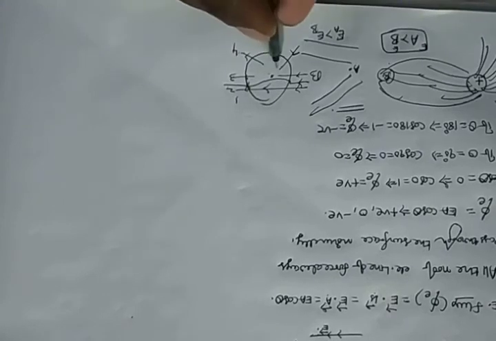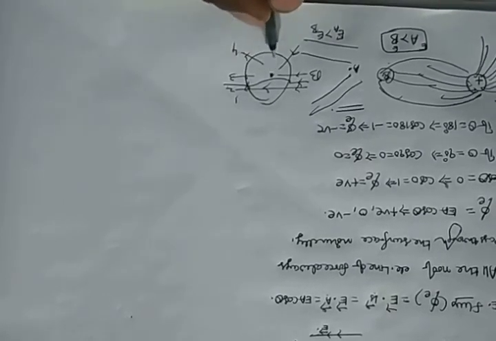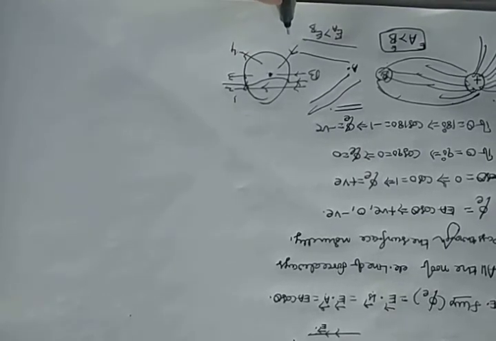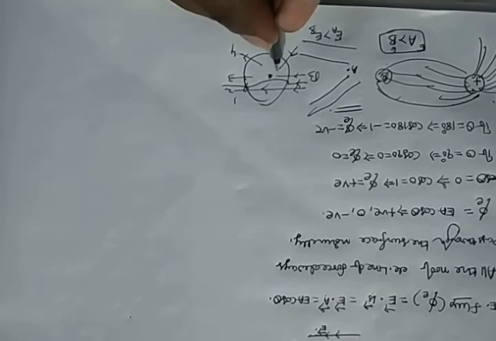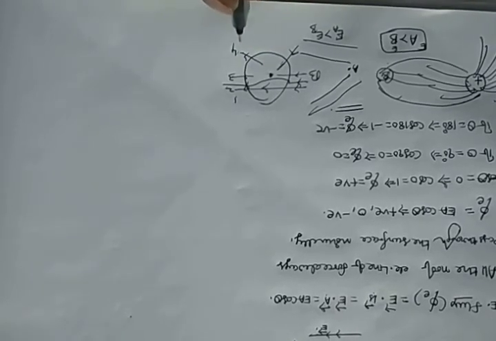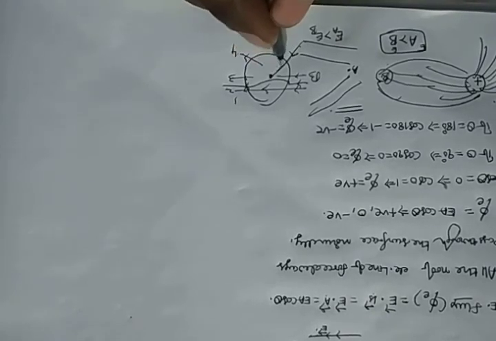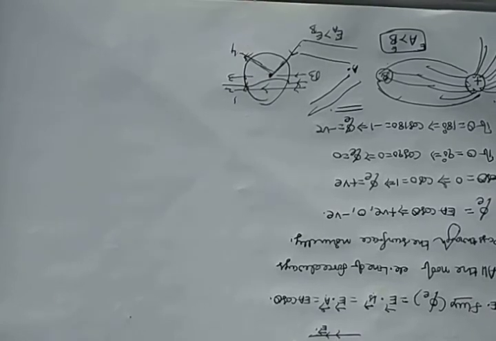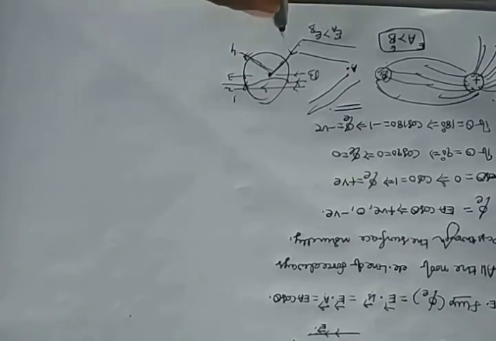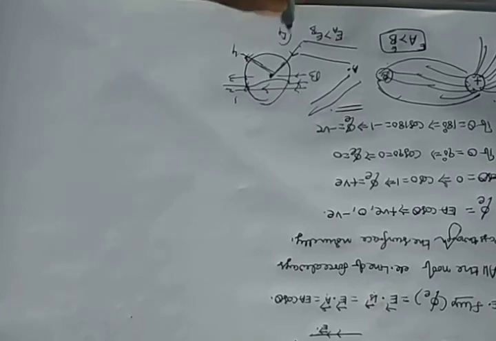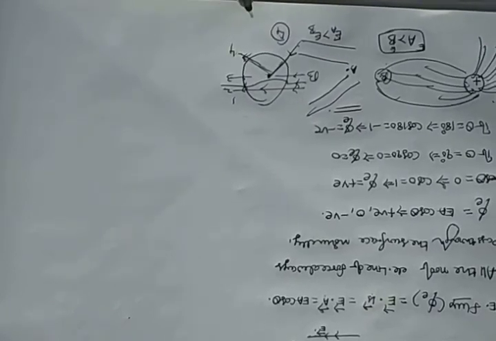All the electric lines of force for a point charge should be radially inward or outward, like Pascal's law, radially in and radially out. That's why this 4 represents the correct line of force.